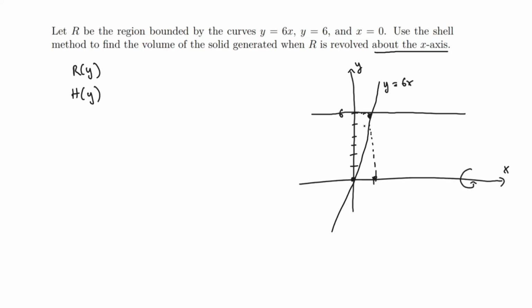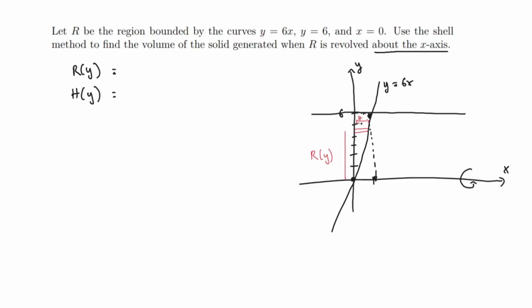So this is the region. First I'm going to cut this region into multiple rectangles. This is one of those rectangles. When this rectangle rotates around the x-axis, this one is the height of the rectangle, and this is the radius. So what is the height of the rectangle?